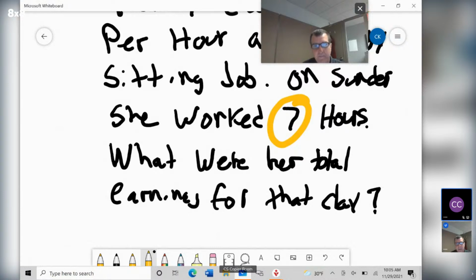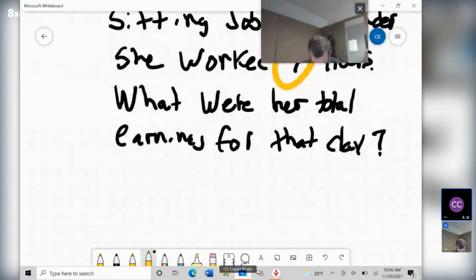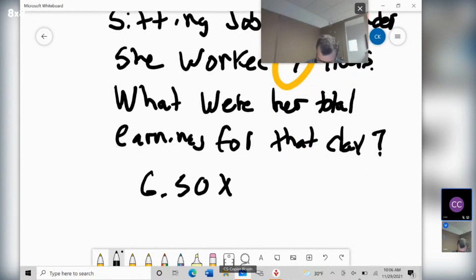Total earnings. This is going to be a multiplication problem because it's asking how much she makes an hour, which is $6.50, times the number of hours she worked. So what that's really asking you is she makes $6.50 an hour times 7 hours.